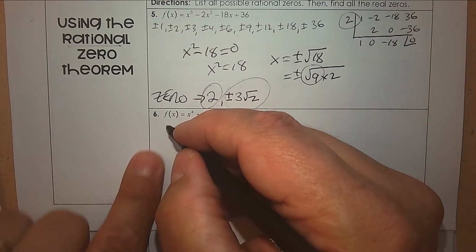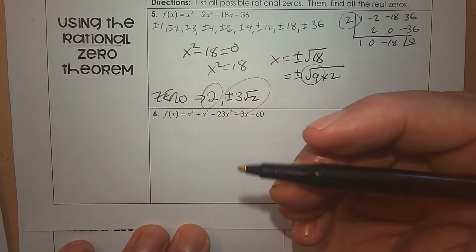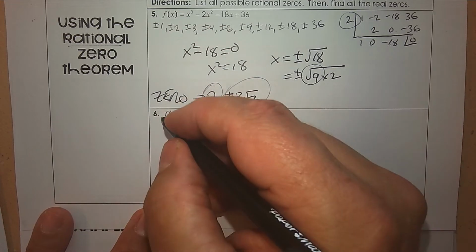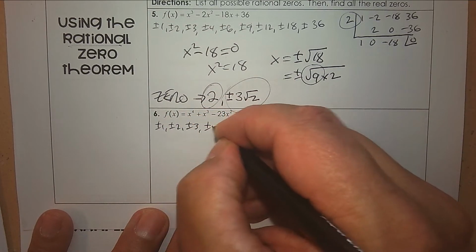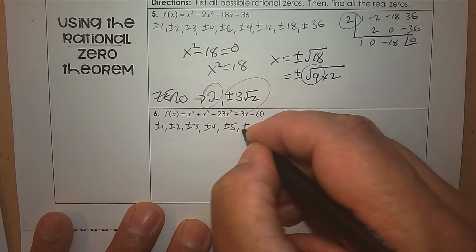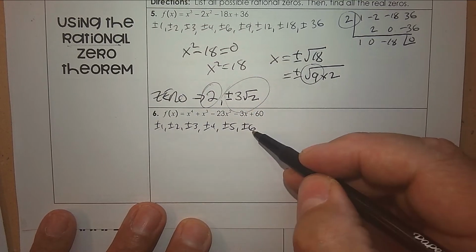All the numbers that go into 60. That's huge. Isn't that crazy? The first 6 numbers go into 60 evenly.